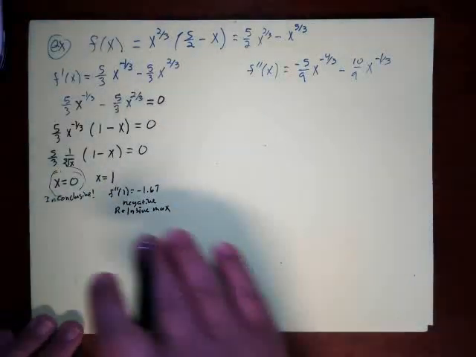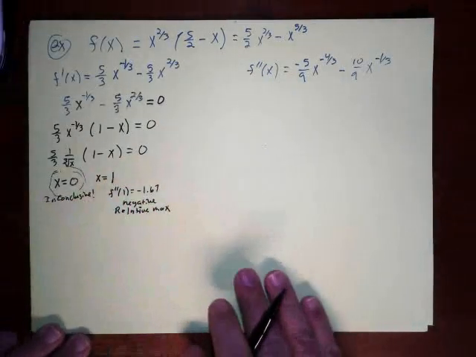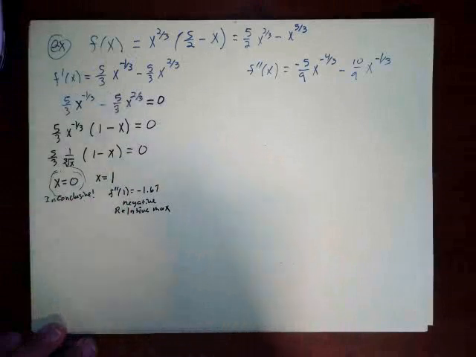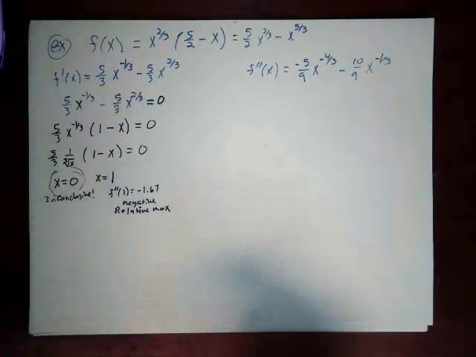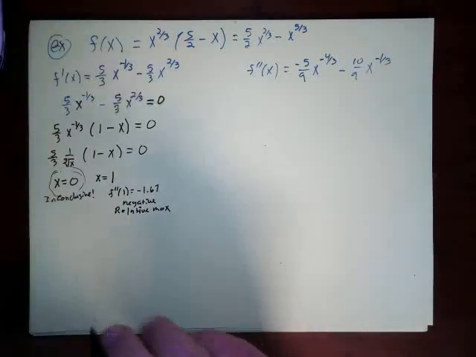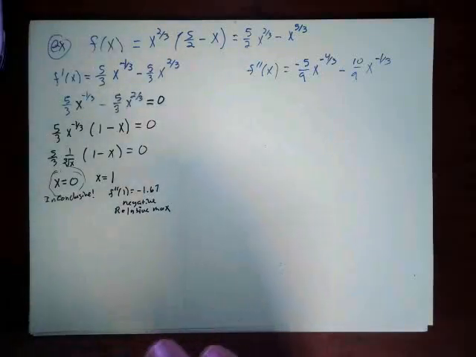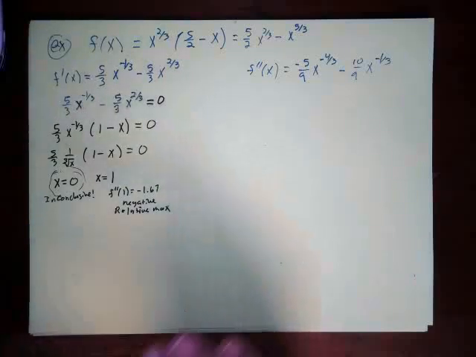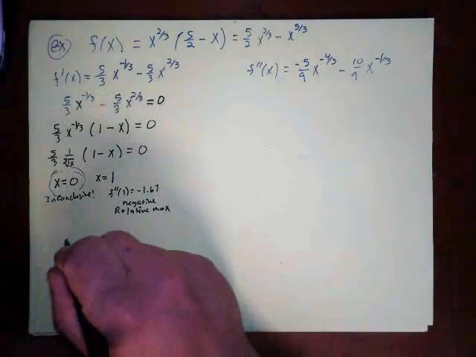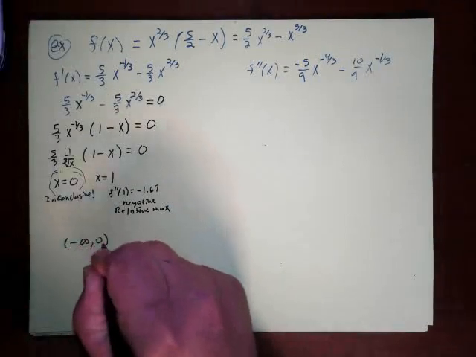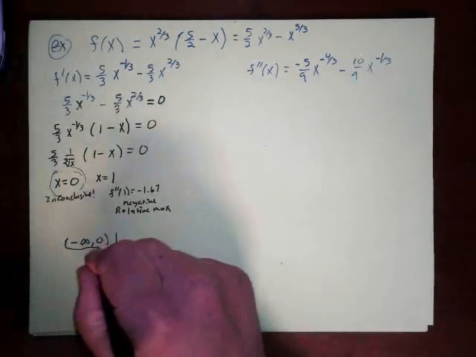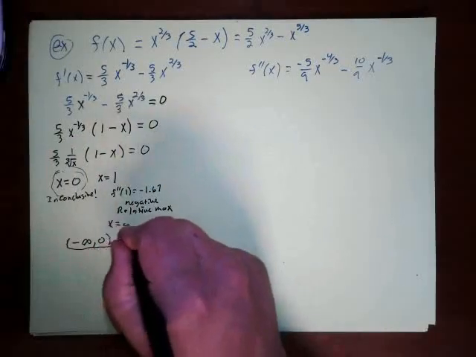So we're going to need to make a table for 0. We're going to have to do the first derivative test. Now I want to tell you something, because something I said in the previous video wasn't right, or at least I didn't stress the fact. And this threw me off when I was working on this. I was wondering why this didn't work. So what I'm talking about here is when I make my table with my intervals, so this is for the critical point x is equal to 0.